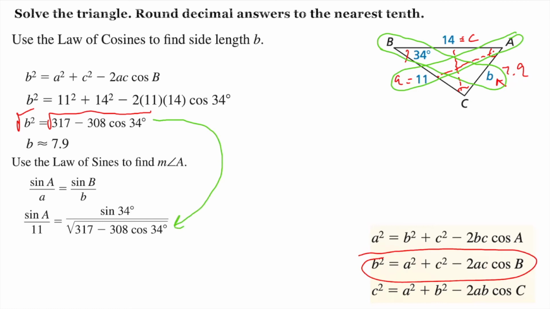And you could put 7.9 since that's B. But remember what I said about rounding. You want to round your answer, not the work in between. So by substituting the square root of 317 minus 308 times cosine of 34, it will give you a more accurate answer. So I'm going to multiply by 11 on both sides, as so. And now, hopefully you remember, since we're trying to find the measure of angle A, I need to use sine inverse.